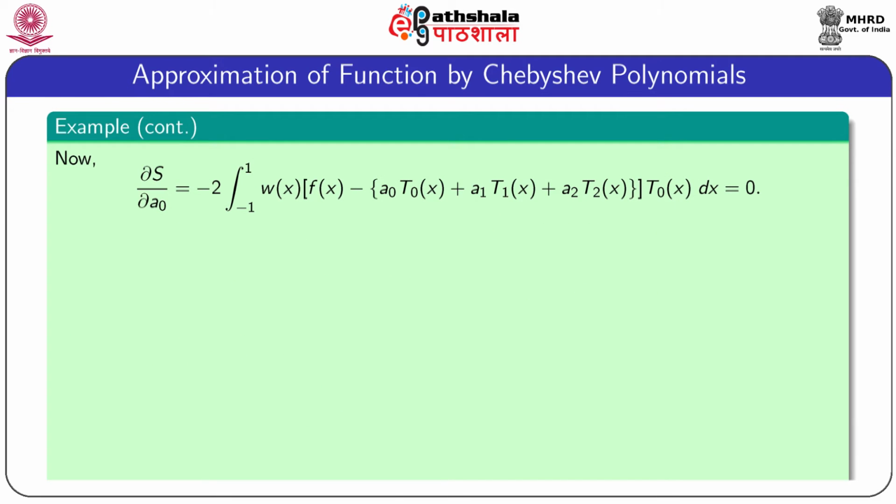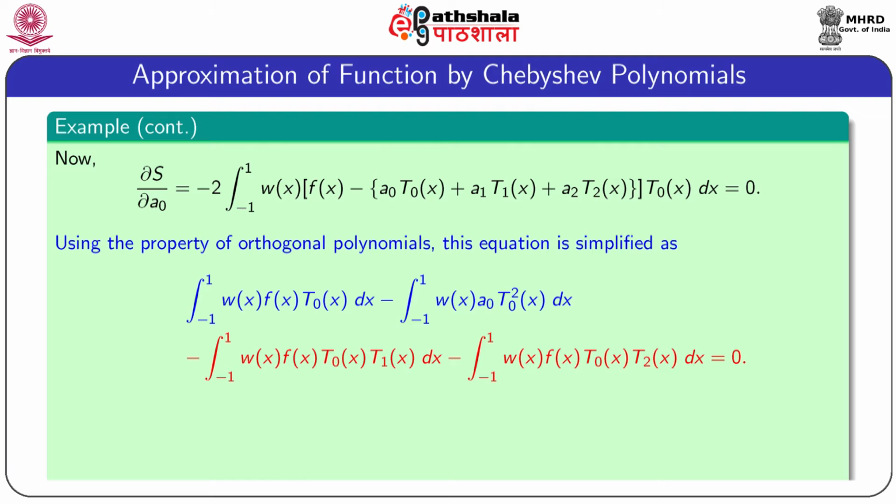Now, from the first equation ∂S/∂a0, we have −2 times the integral from −1 to 1 of w(x)[f(x) − (a0 T0(x) + a1 T1(x) + a2 T2(x))] T0(x) dx, which is equal to 0.